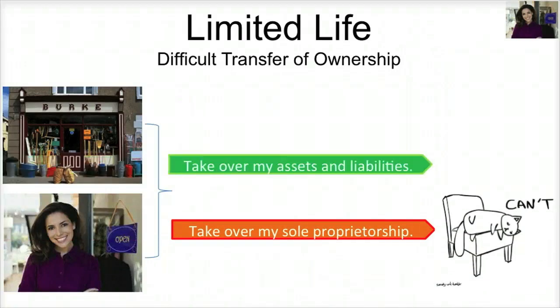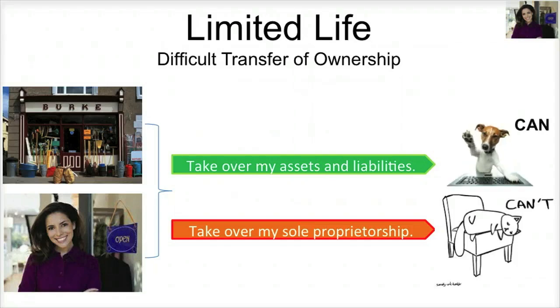However, the assets and liabilities of a sole proprietorship can be transferred, but they would be transferred into a new business entity and the old sole proprietorship would cease to exist. Because of these factors, sole proprietorships have a life expectancy that tends to be shorter than partnerships and corporations that tend to have lengthy or indefinite lives respectively.